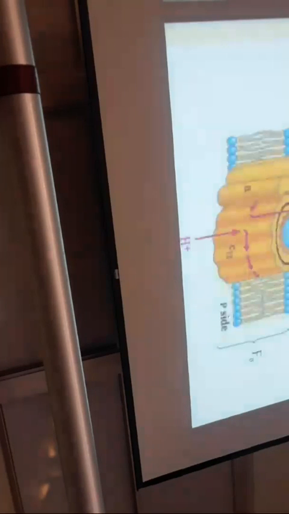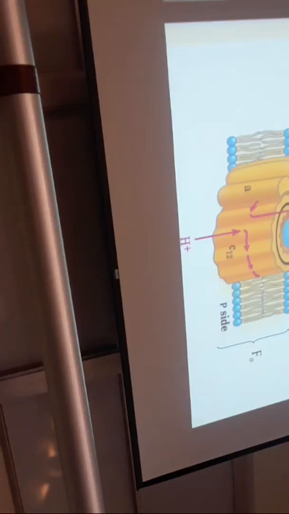Okay, so let's take a look at ATP synthase, also known as complex 5. It's a big protein complex, in mammals at least 16 subunits, with a molecular weight of more than 500,000, so this is big.